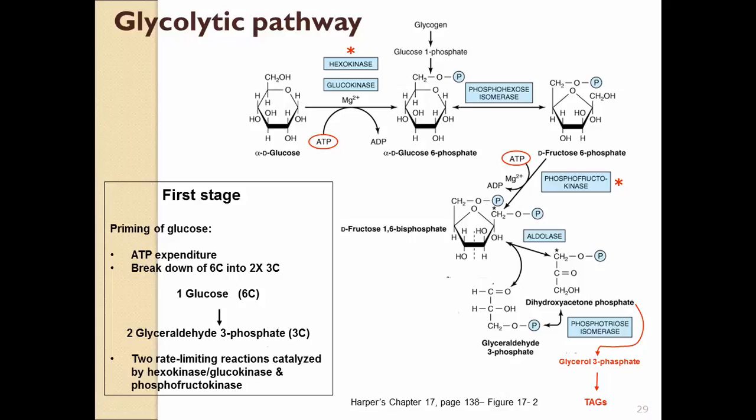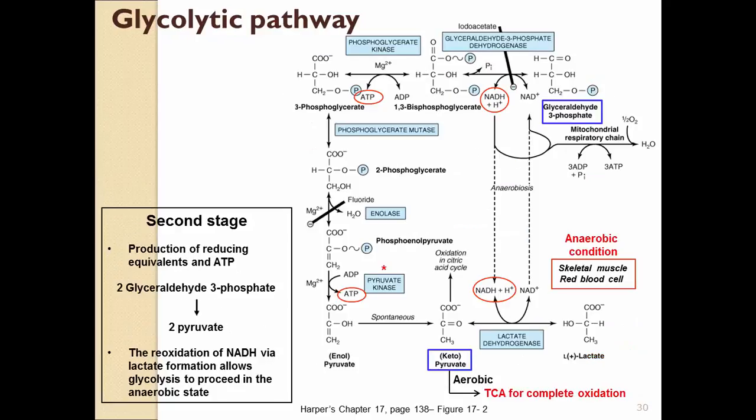Okay. Second stage. The second stage starts from glyceraldehyde 3-phosphate, right? This is the last end product in the first stage, remember? So again, you're generating 2 from 1 glucose. So these molecules enter the second stage.